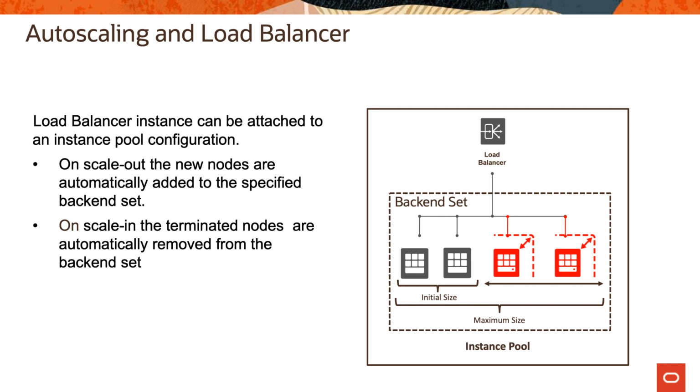The load balancer is your front end with your initial instances, and as you start adding, those will attach behind the load balancer and it can start sending traffic to those. On scale in, terminated nodes are automatically removed from the load balancer, so it will stop sending traffic to those particular instances.